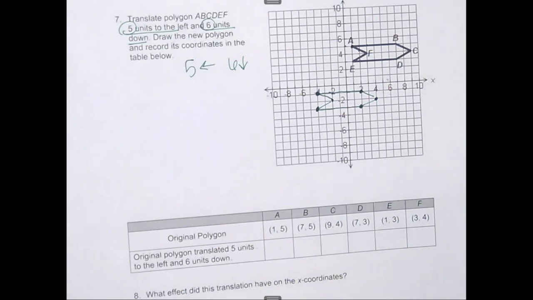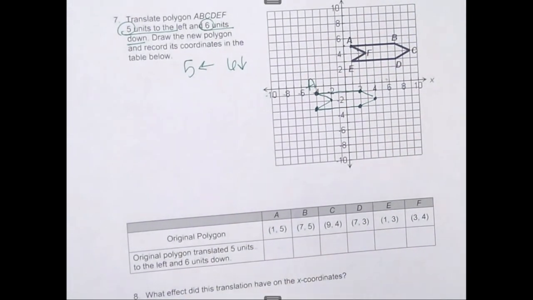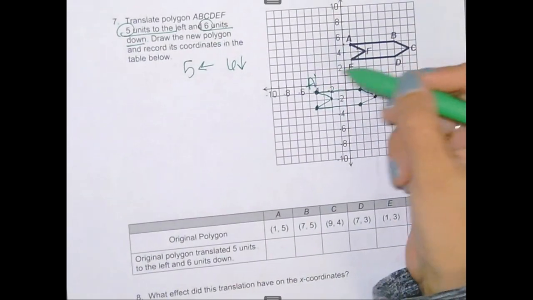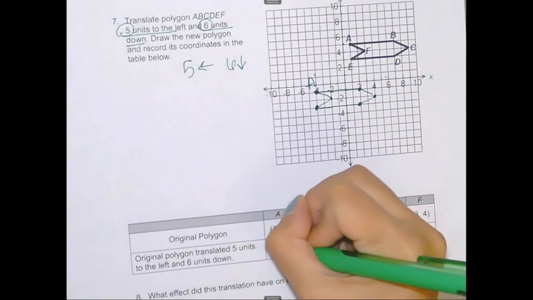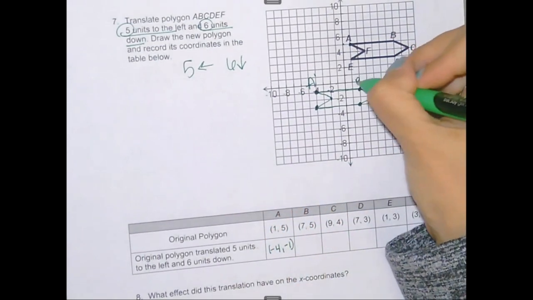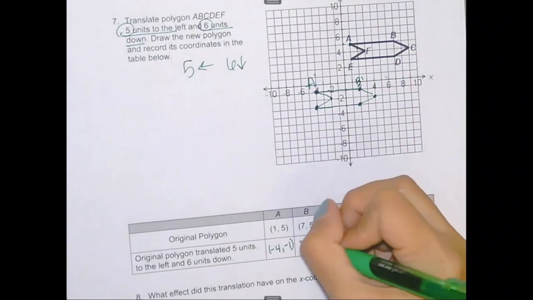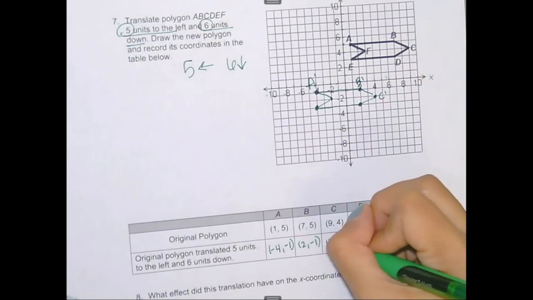Okay, perfect. So that means A prime is at -4, -1. B prime is at 2, -1. C prime is at 4, -2.